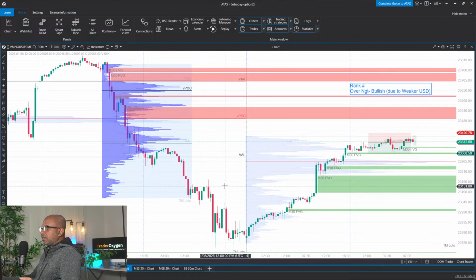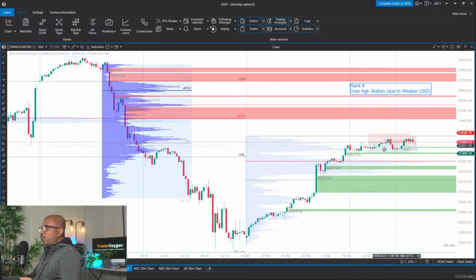This is Monday, this is Friday, this is Thursday. On Thursday and Friday, the price has been pushing down, a strong push down, so this is like a retracement.